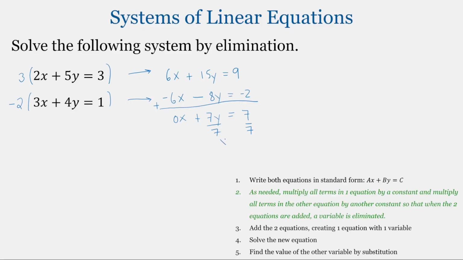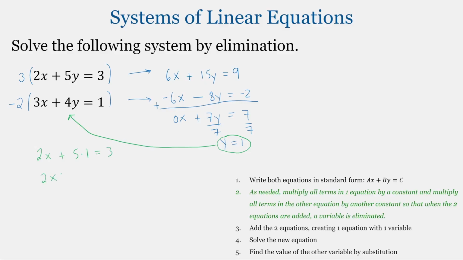we end up with y equal to 1. And then we plug this value into either of the original two equations. We're going to plug that y value of 1 into one of them. I'll pick the first equation. So we have 2x plus 5 times 1 equal to 3.